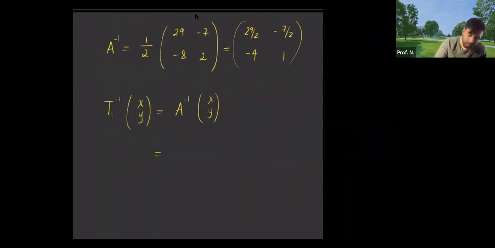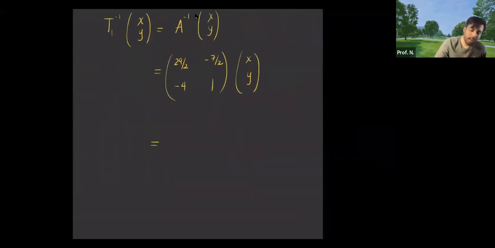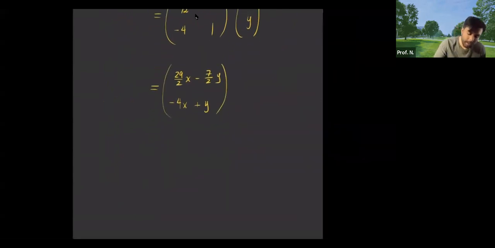Then I am applying 29 over 2, negative 7 over 2, negative 4, 1, and when I apply the matrix multiplication, I get 29 over 2 x minus 7 over 2 y, negative 4x plus y. And if you want to put it in comma delimited form, you would write it as 29 over 2 x minus 7 over 2 y, comma, negative 4x plus y. And this would be T inverse.